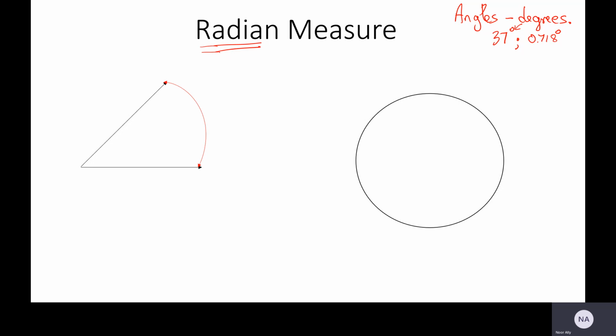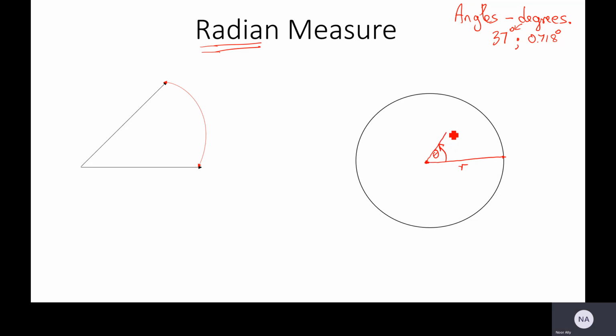Where does it originate? Consider this circle with center, the vertex, and let's say that, of course, is the radius of that circle. Now, I can obtain an angle like that. Let's say that's angle theta.